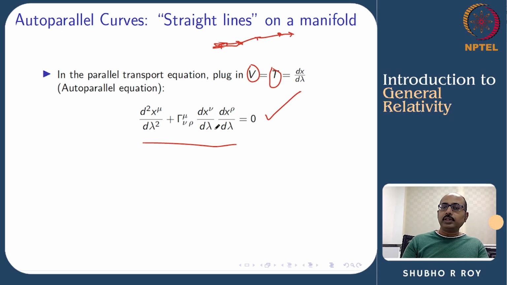If you solve this equation, you get an analog or counterpart of a straight line on a manifold, because it is moving in the direction of the tangent. If you take a tangent at any point on a straight line and translate it along itself, you generate the straight line. This is how we generalize the notion of a straight line on a manifold or an affinely connected space. These are called autoparallel curves.